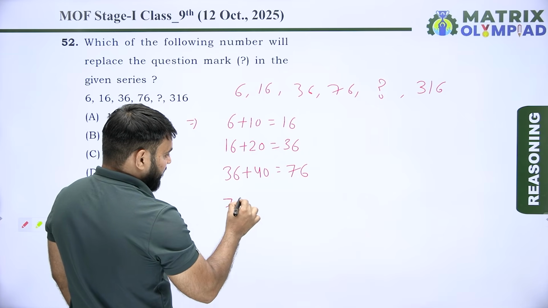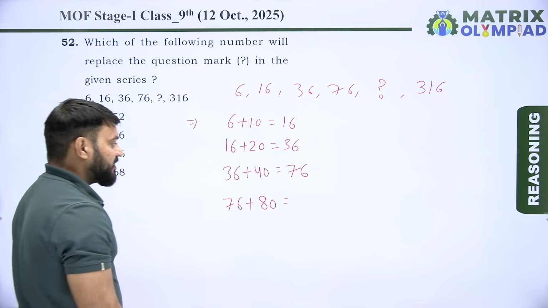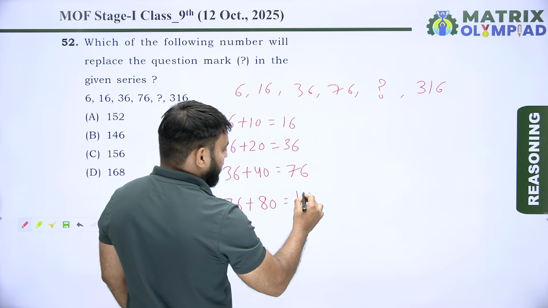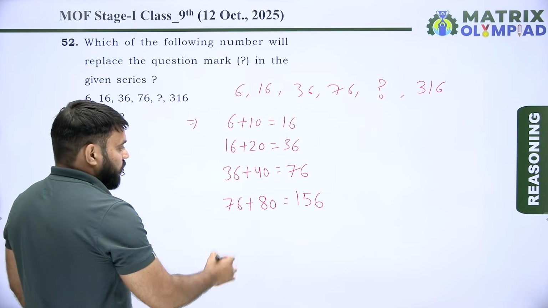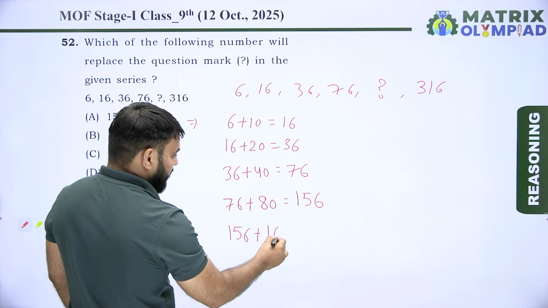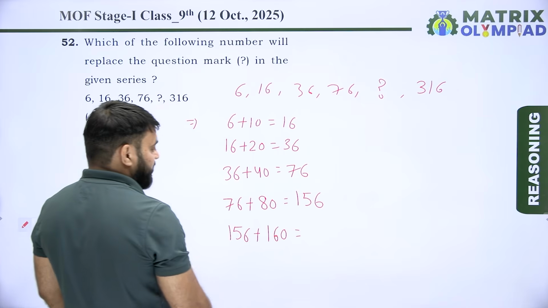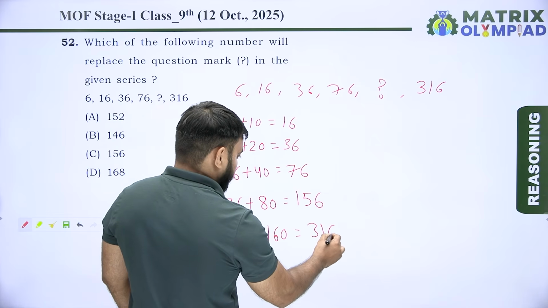Now 76 plus double of 40, which is 80. 76 plus 80 is 156. Now 156 plus double of 80, which is 160. 156 plus 160 is 316.